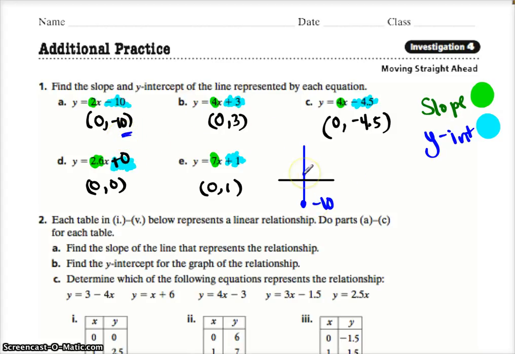It's going to be right around there. +3, y-intercept. This one is at negative 4.5. So maybe not there, maybe there. Negative 4.5, etc. The other one's going to be at 0 and then at 1. That's just telling me all these y-intercepts are just where they are on this line. Okay.